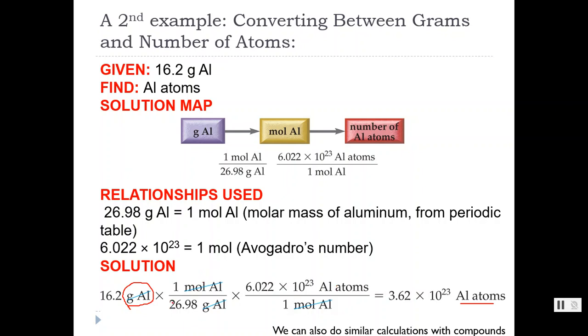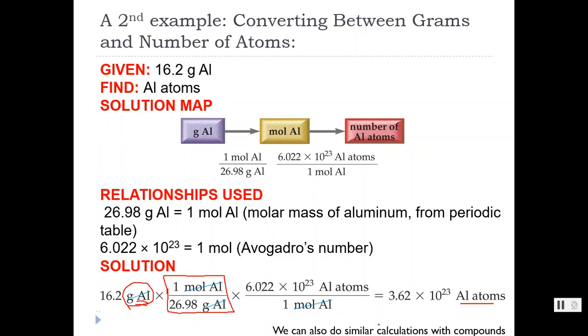But this time we use the molar mass not of carbon, but of aluminum, because that's the substance we were given in the problem. And then the second step still uses Avogadro's number. And then put into your calculator, you should get 3.62 times 10 to the 23. So that's a second example, same process of going from grams to moles and moles to number of atoms. So that's with elements.